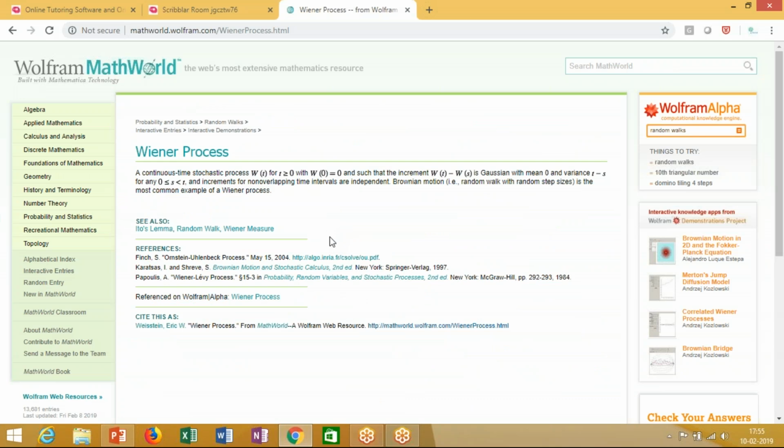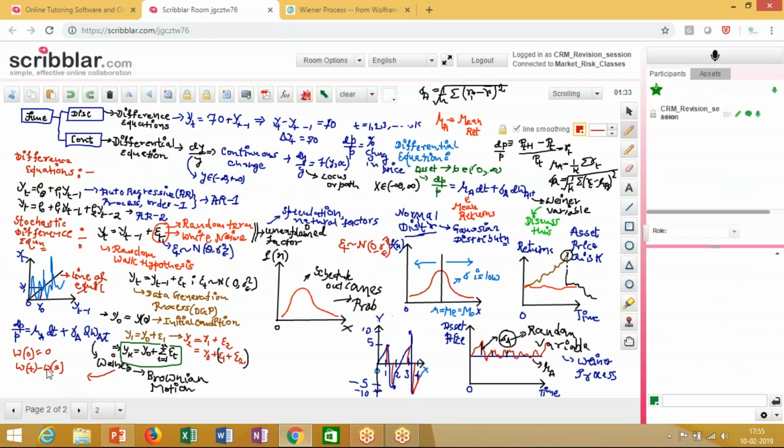So that is normally distributed with mean 0 and variance t minus s. So this is delta W. Now over here t and s are considered to have distinct differences, like we had for the difference equation. So the difference is discrete in nature.